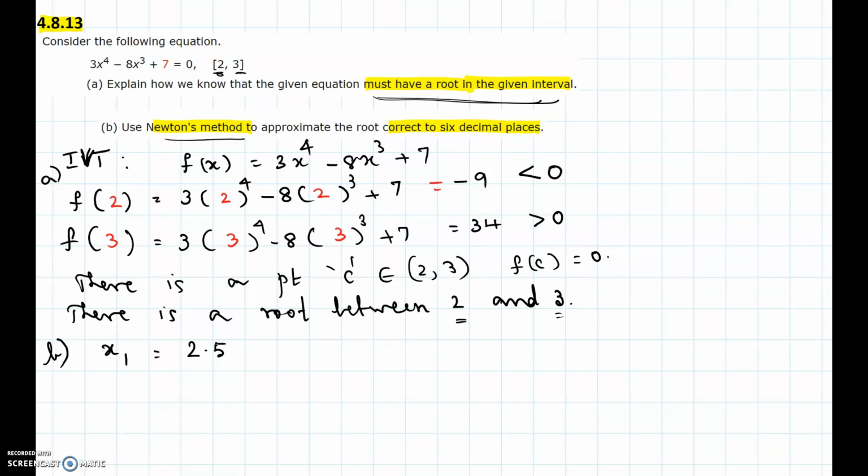Then the rest can be done in the graphing calculator the way it was shown in the previous problem, using Newton's formula: x n plus 1 is x n minus the value of the function at x n divided by the value of the derivative at x n. We can use this formula to find the rest of the approximations.